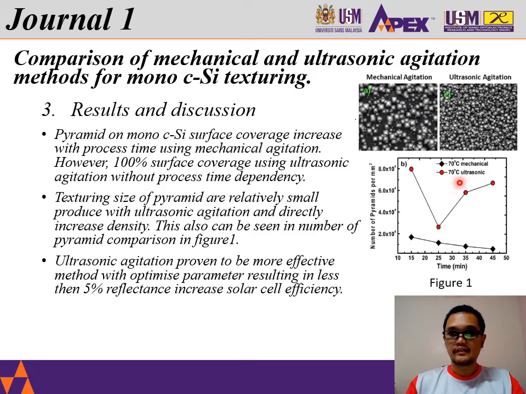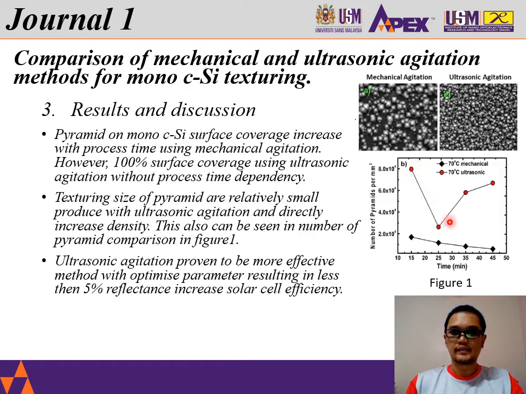As you can see here, both are at the 70 degrees alkaline etching process, and this is the time on the horizontal axis. This is the number of pyramids per mm². The mechanical agitation decreases in number of pyramids over time, but the ultrasonic increases over time, except for the first result.